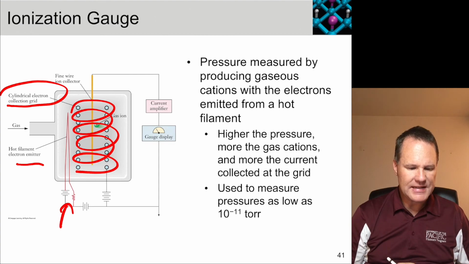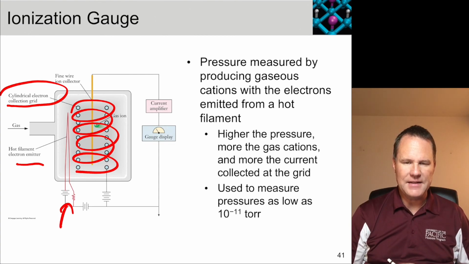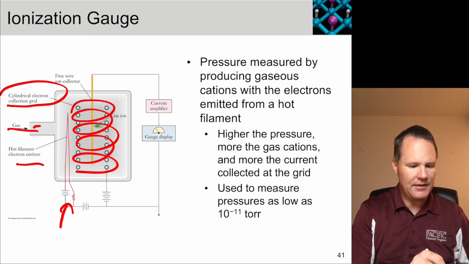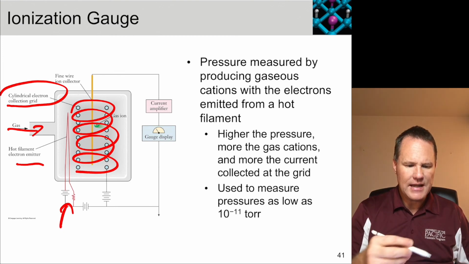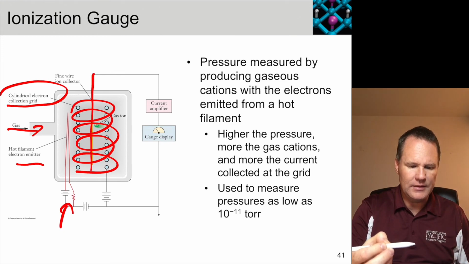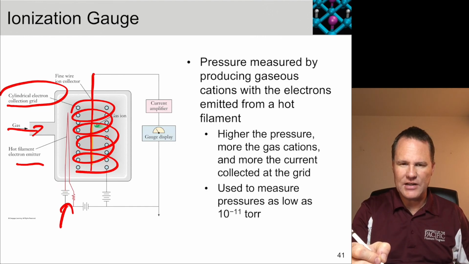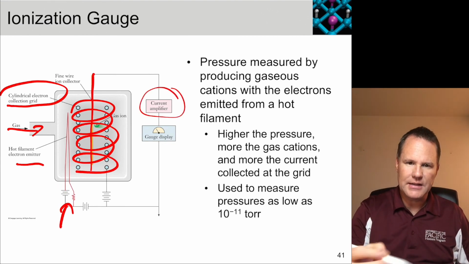And so what happens is that these electrons are caught in this grid, and when they hit a gas molecule that is coming in from here, they ionize it, and then the ionized particles can get collected in the middle on this fine wire. If that fine wire catches these ions that carry a charge, then you have a current, and then you amplify that current.